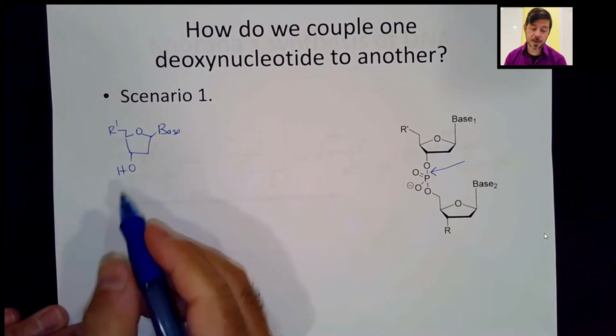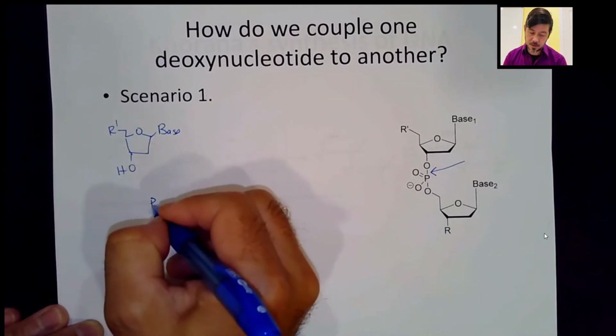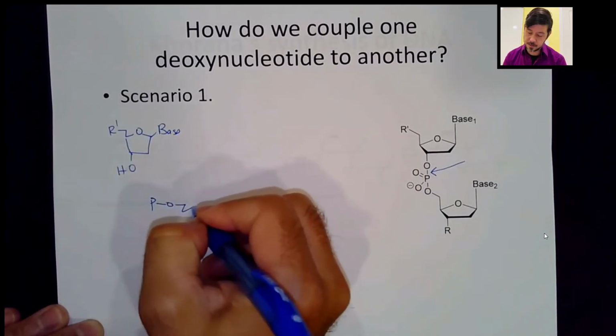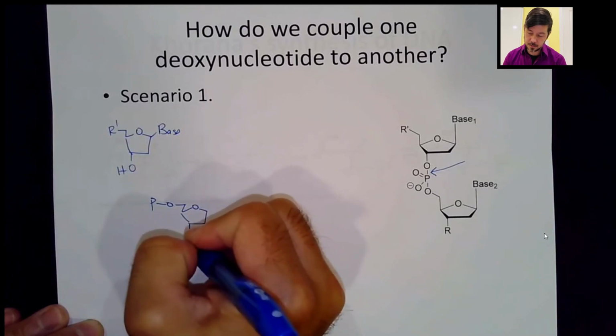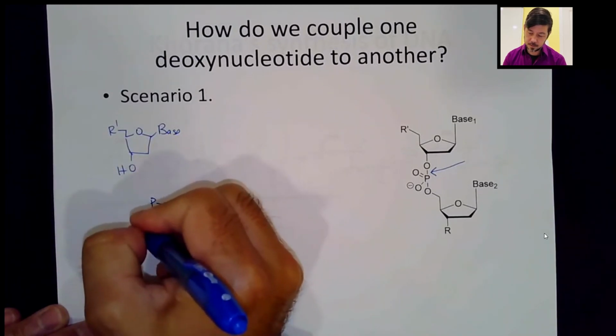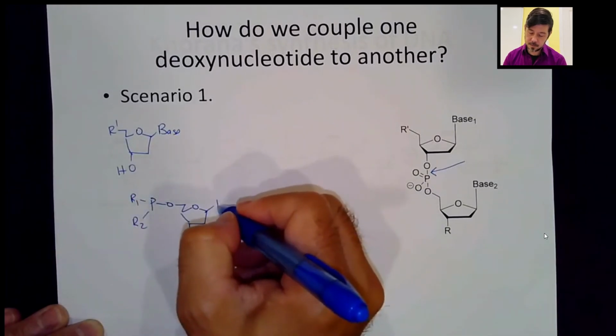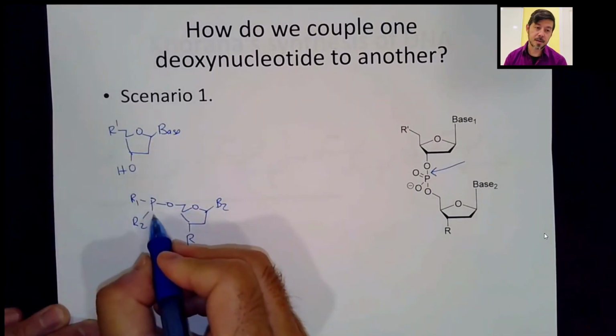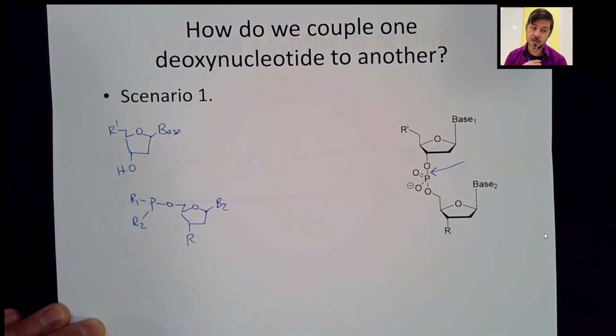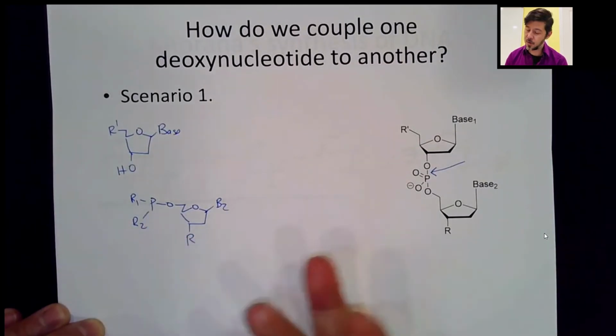We had a 3' hydroxyl group. That was a good nucleophile. And we had some type of electrophilic phosphorus. I'm just putting arbitrary R1, R2 groups.